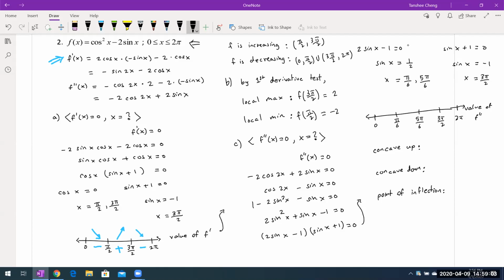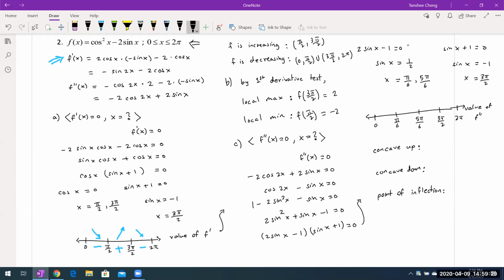Setting the second derivative equal to 0, that means -2 cosine 2x plus 2 sine x equal to 0. And dividing everything by -2 gives me cosine 2x minus sine x equal to 0. I cannot factor or do anything here, so at this point I have to use an identity to rewrite this equation so that we can solve it.